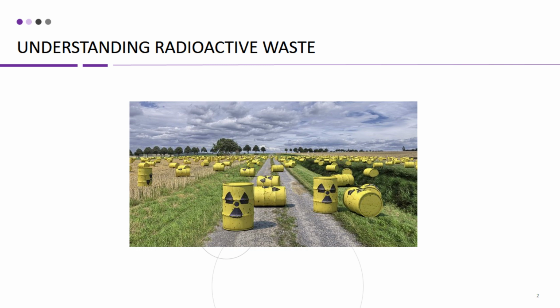It can take different forms, such as liquids, solids, or gases, and may vary in terms of radioactivity levels, ranging from low level to high level, depending on the type of isotopes and their half-lives, which determine how long it takes for them to decay.